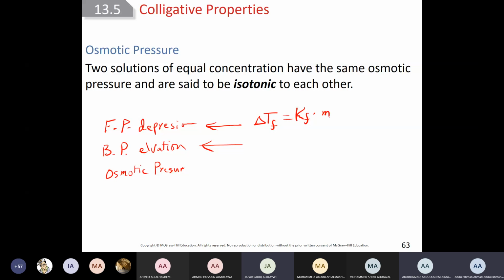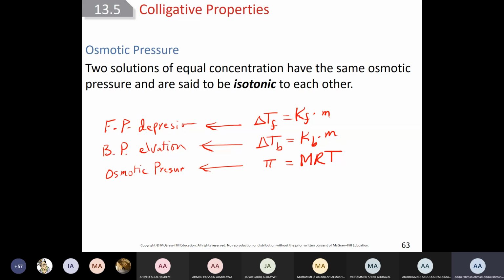Delta T_B equals K_B times m, molality. And what's this equation? π equals MRT, where M is molarity, times R times T. I want you to first think about these equations, read them and memorize them extremely well.